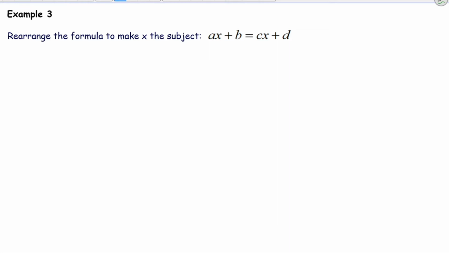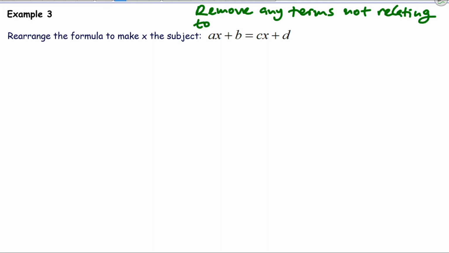So basically what I'm going to do is start with removing b.